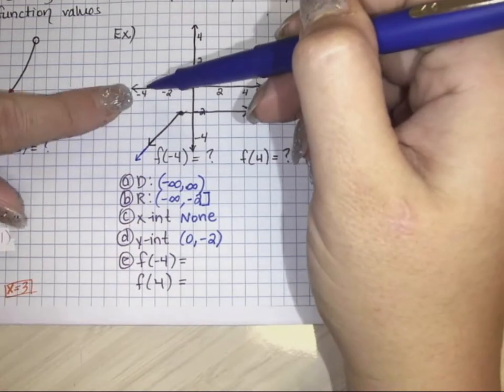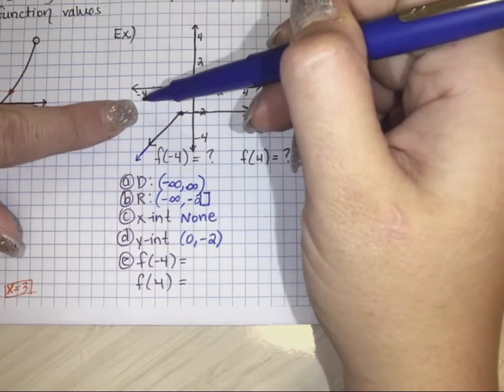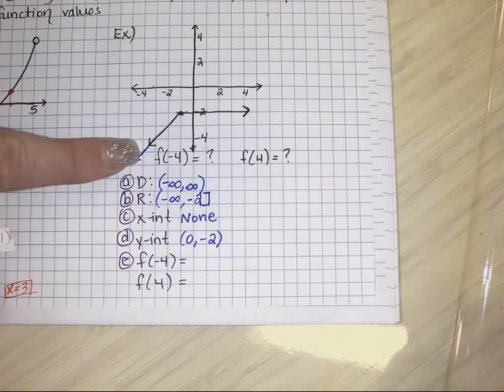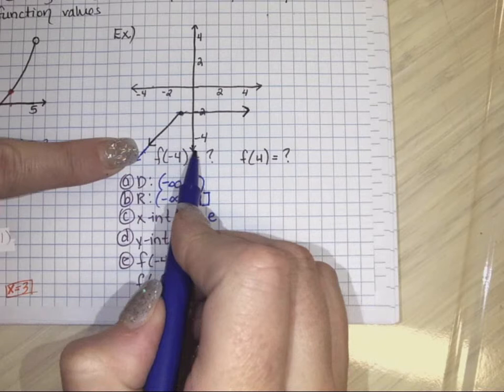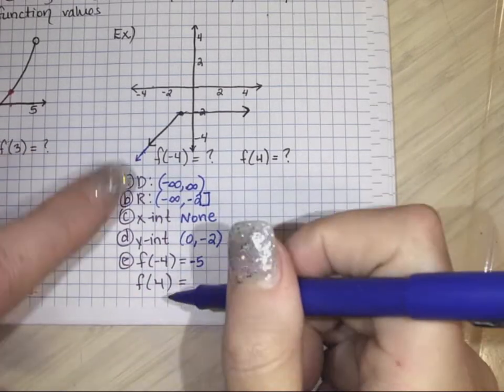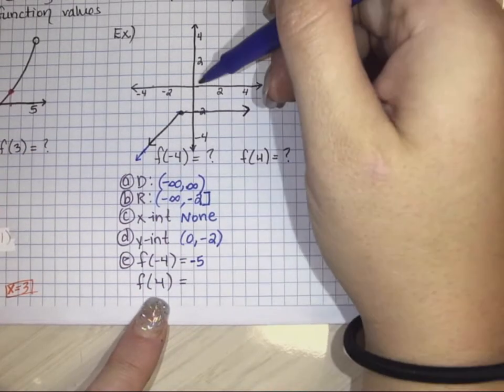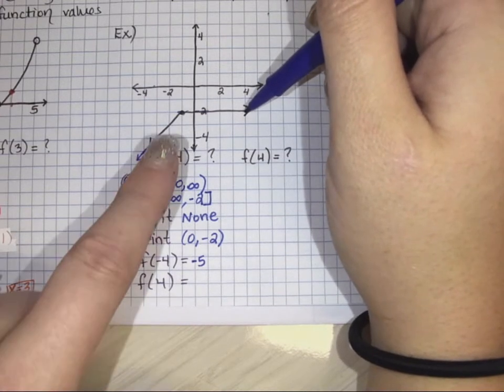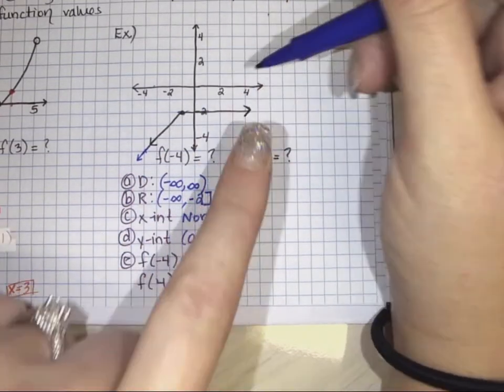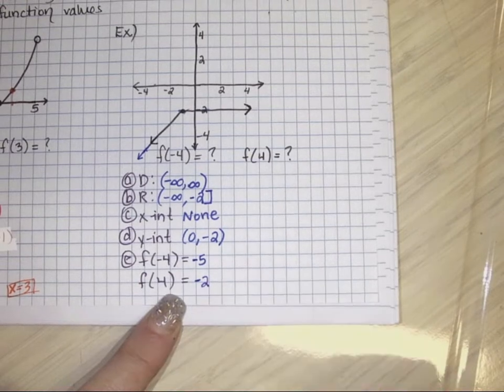So -4, your y value is -1, 2, 3, 4, 5. That would be your corresponding y. In this case, they give me an x of 4, so go to the x-axis at 4. Go to where your graph is at. The corresponding y is -2.